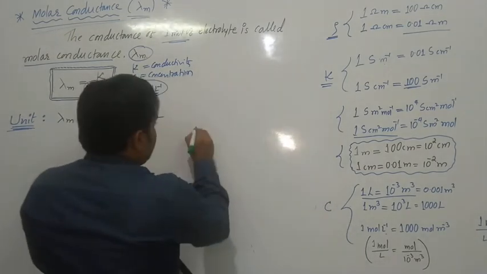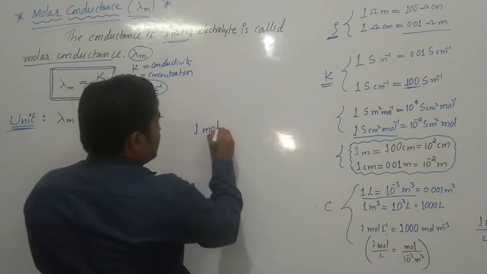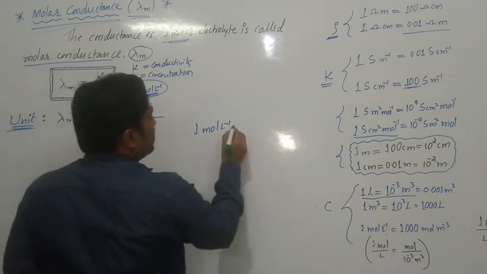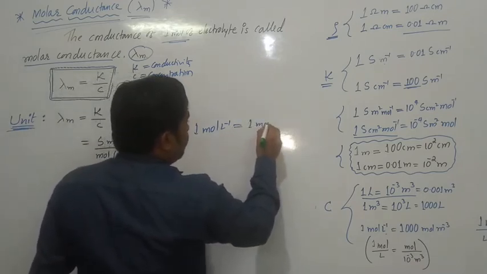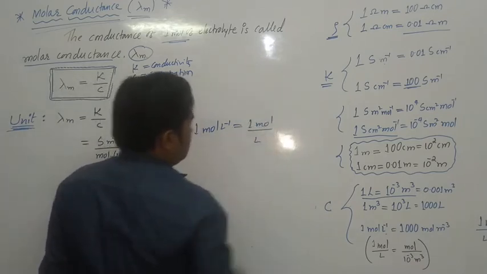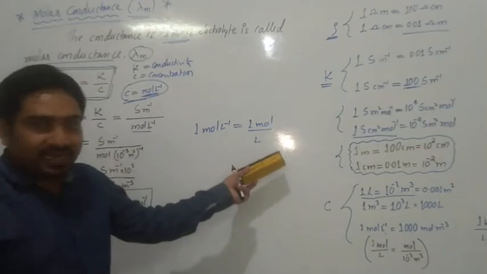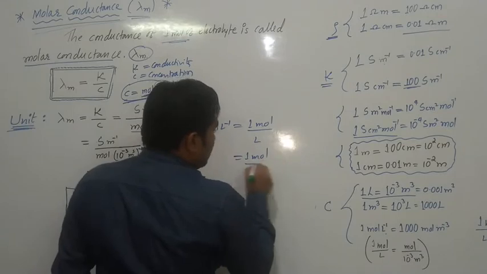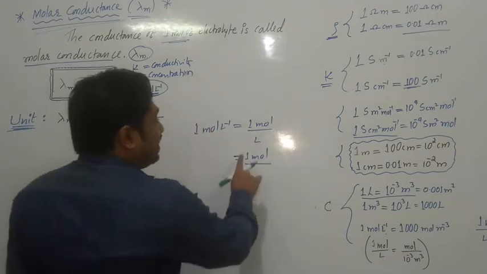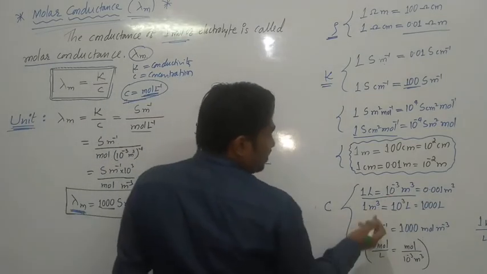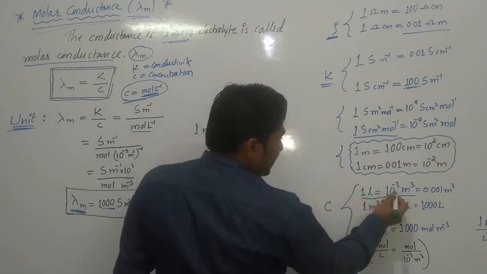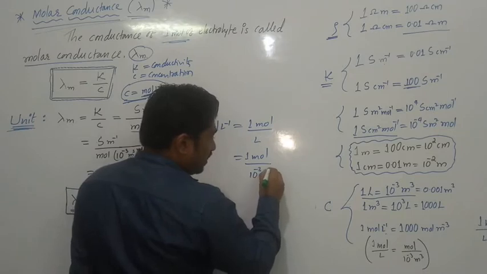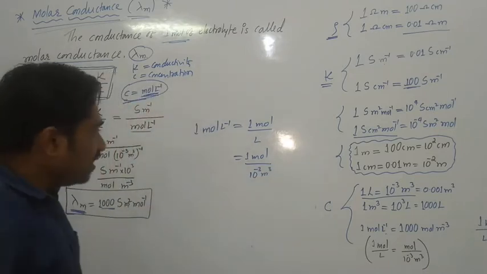So here, 1 mole per liter. How to write 1 mole per liter? I will write 1 mole divided by liter. So 1 mole divided by liter means what? 1 liter is equal to how much cubic meter? 1 liter is equal to 10 to the power minus 3 cubic meter.